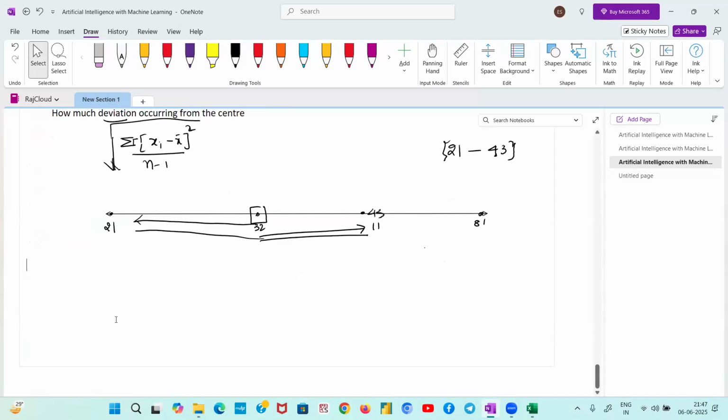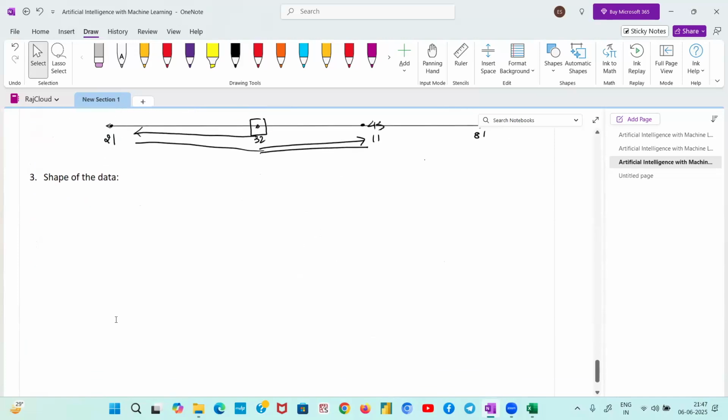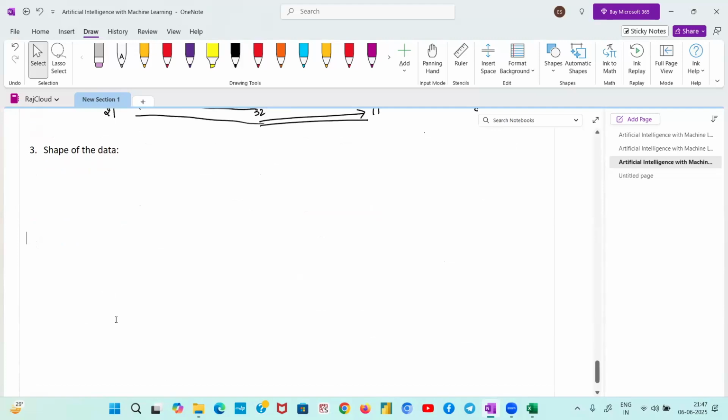Okay. So the next one is shape of the data. So what is shape of the data? There's something called histogram. In your childhood days, you might have heard a topic called class intervals and frequencies.